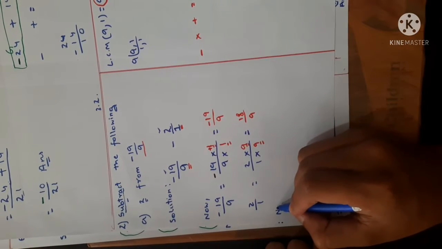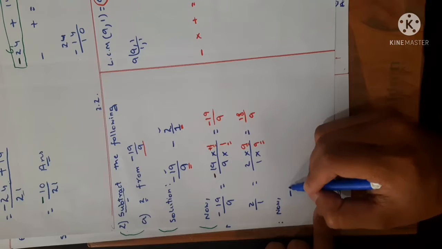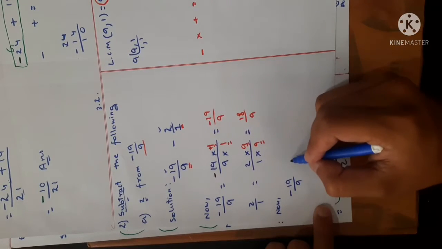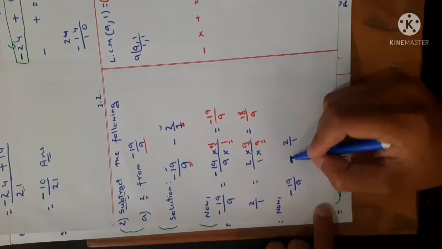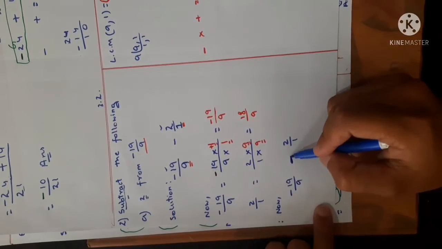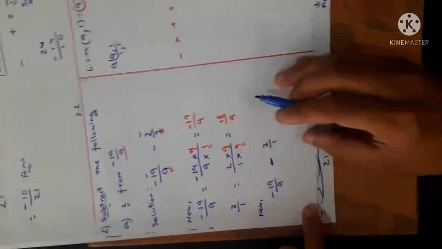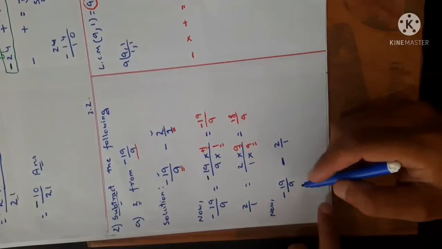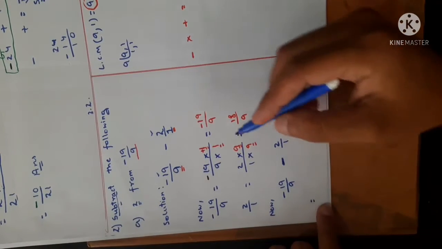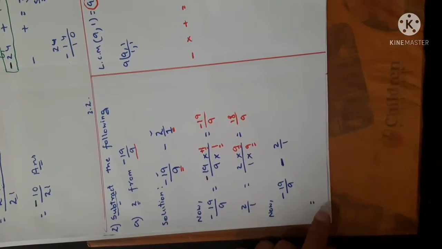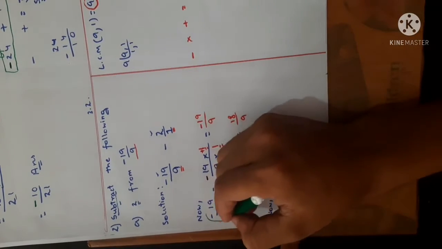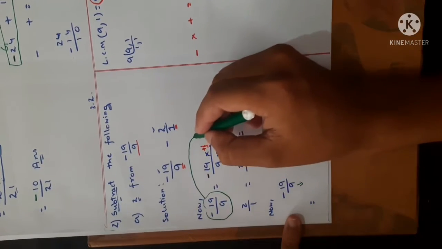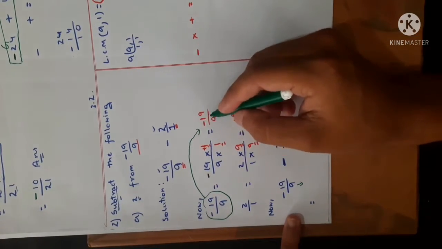Now, minus 19 by 9 minus 2 by 1. This in here is a minus. In the previous question, the sign in the middle was plus. So equal. Here minus 19 by 9, the equivalent rational number of minus 19 by 9 is minus 19 by 9.